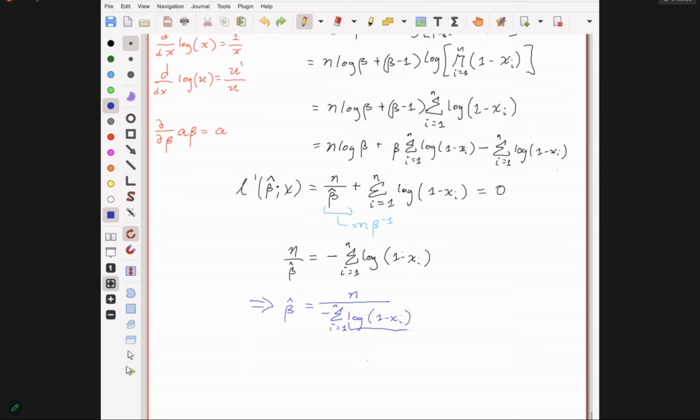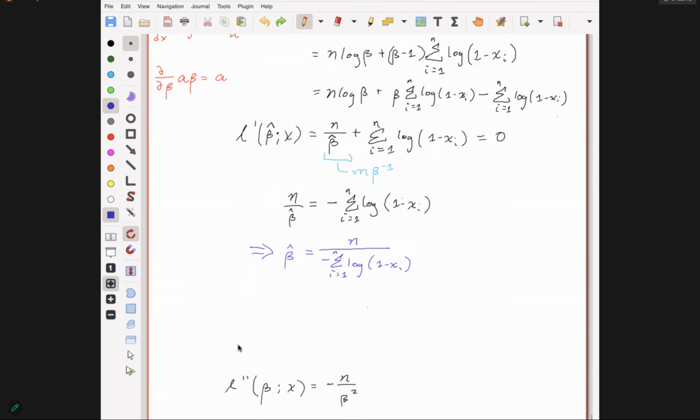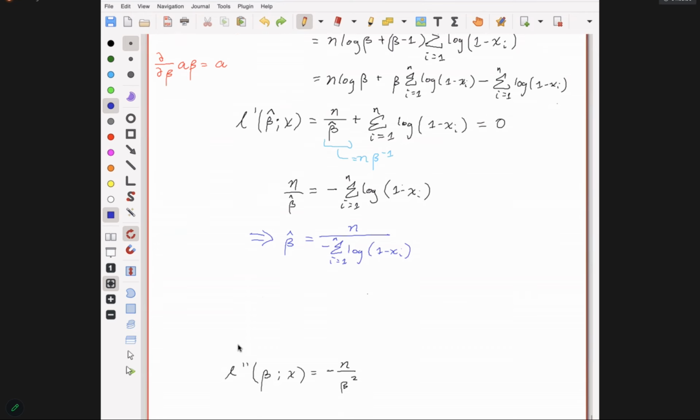So the log of 1 minus x is a negative number. And so we're adding up a bunch of negative numbers, multiplying by negative 1, and now this is positive. And so beta hat is going to be positive. Does this make sense? Okay. All right. So this is the final answer?